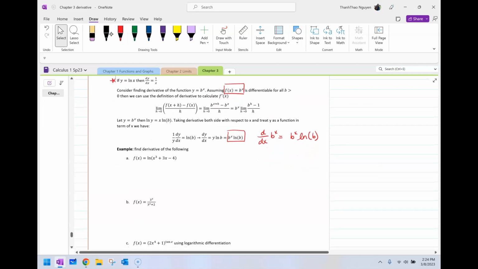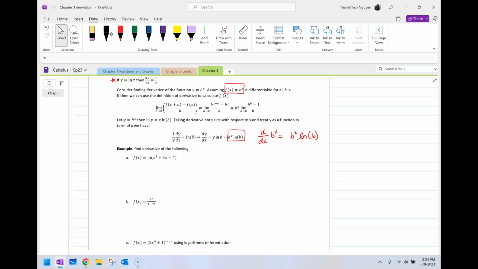Find the derivative of the following. If f of x equals ln of x to the third plus 3x minus 4, there is a chain rule applied. F prime of x equals 1 divided by x to the third plus 3x minus 4 times 3x squared plus 3.